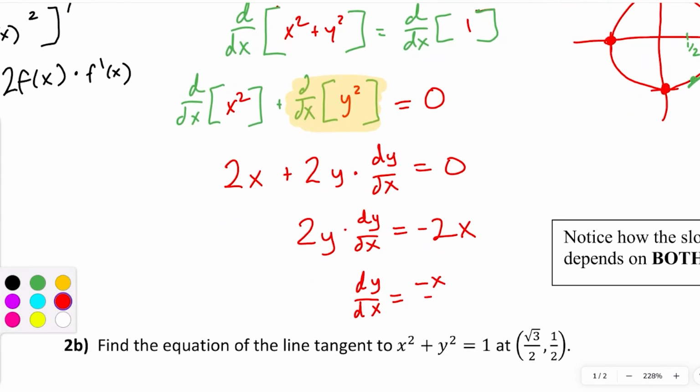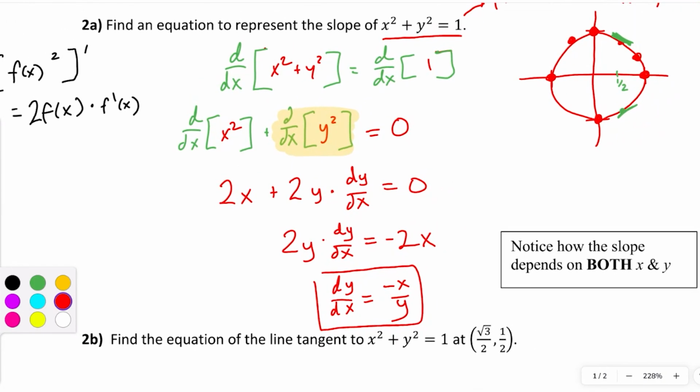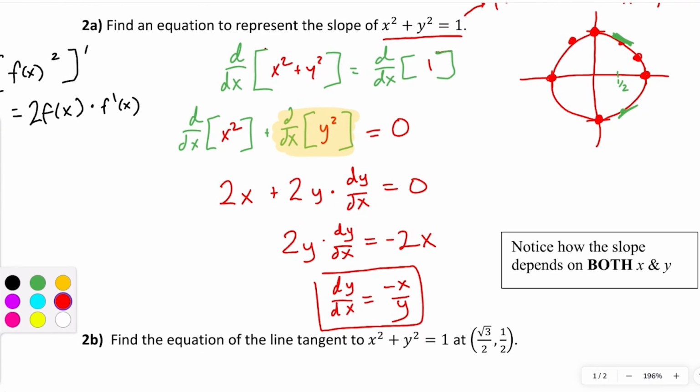So negative x over y. So now you can see that we are going to get a different slope if we give you a positive y value versus a negative y value, because now our derivative is not only in terms of x, but in terms of x and y.